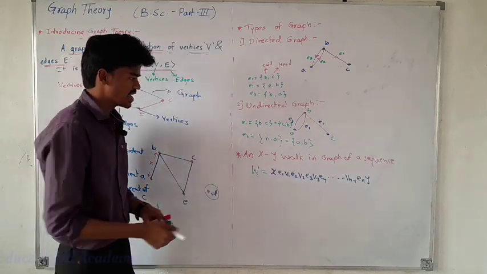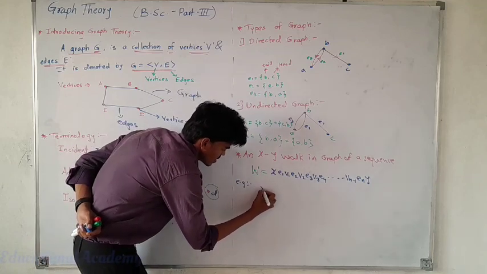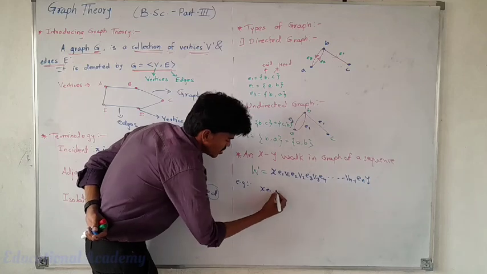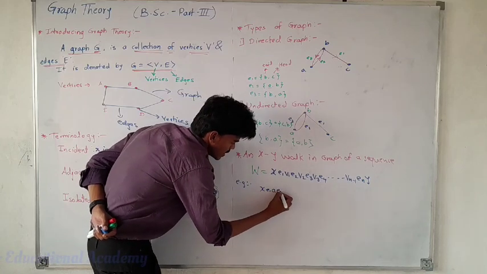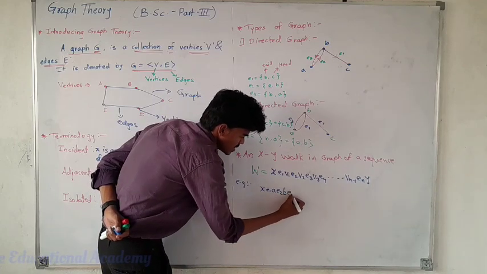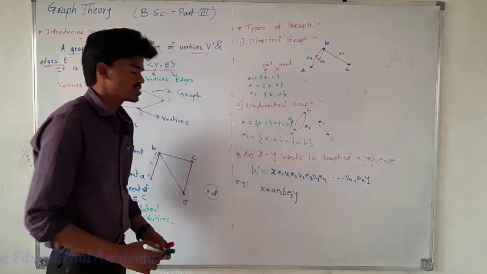Let us see an example: X is my starting point, e1 is edge 1, vertex A, e2 is edge 2, vertex B, e3 is edge 3, and the last is the end point.